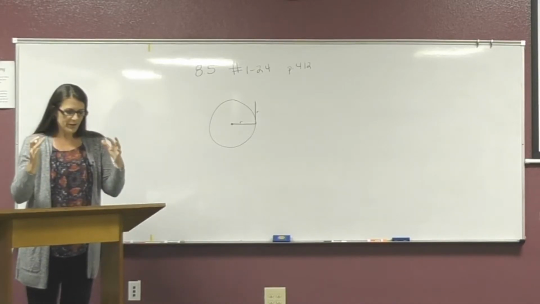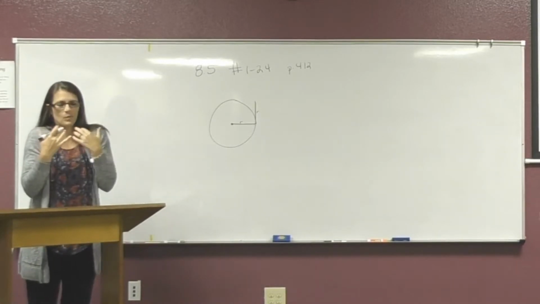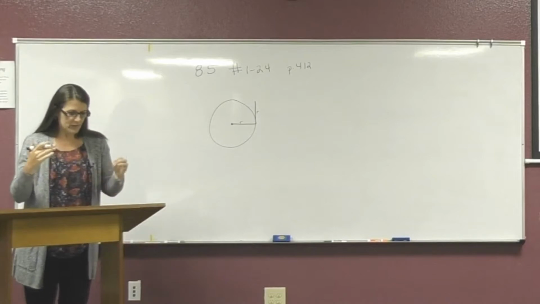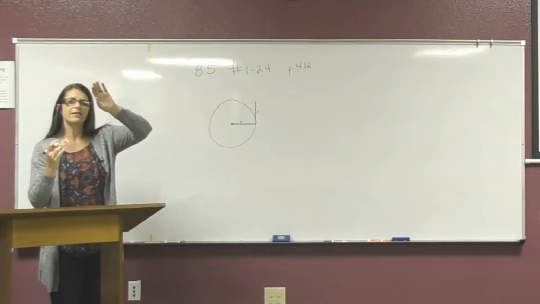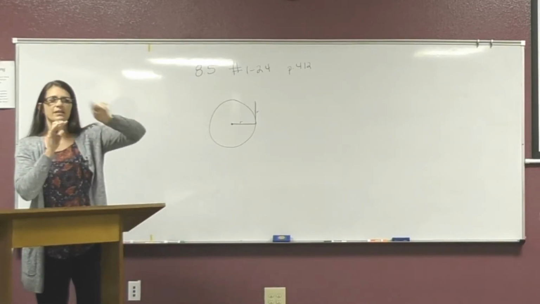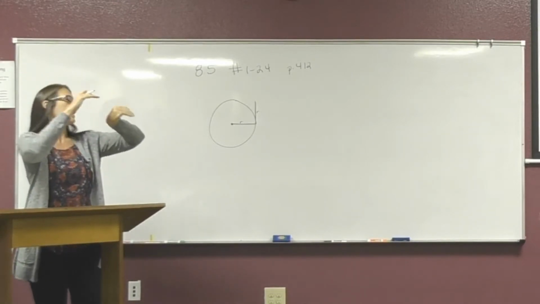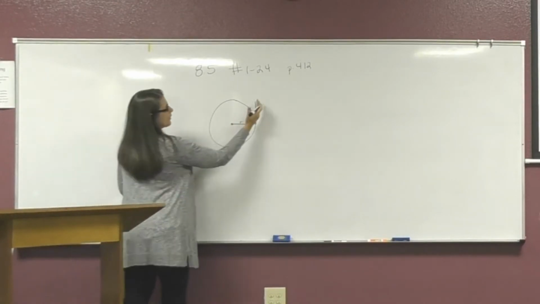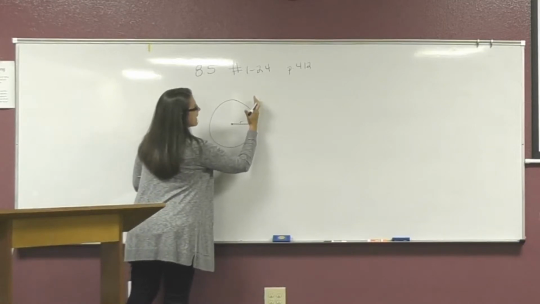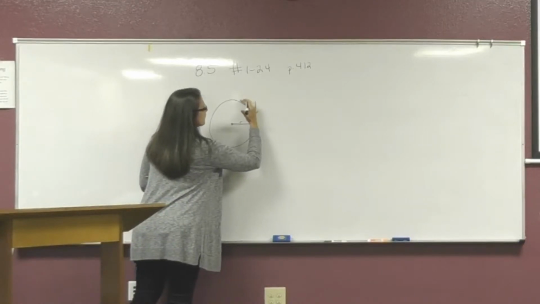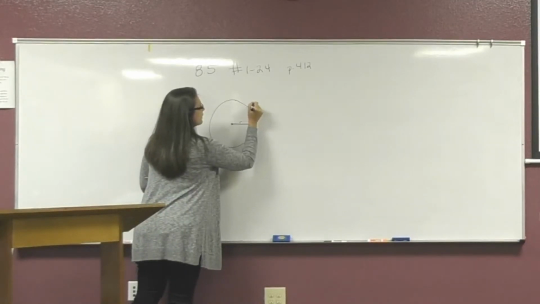Now, what you have to do, and this is what we can't do, is to curl that length of that tangent, the length of R, curl it around, kind of wrap it around the circle. So if we could take this length and just wrap it around here, hopefully that makes sense.